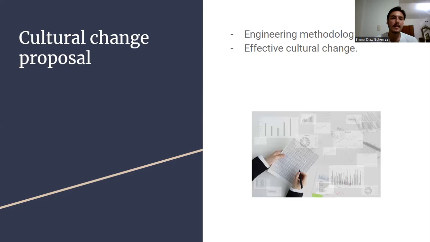Then we have to make a cultural change proposal. We identified that the laundromat needed this cultural change proposal because there was not good communication when handling the customer complaint.